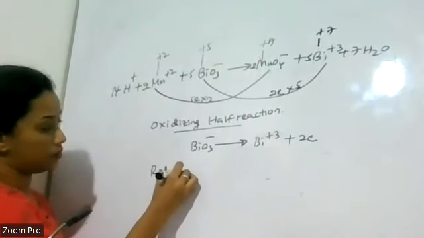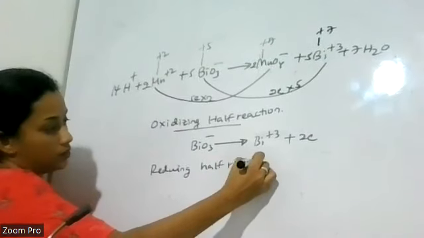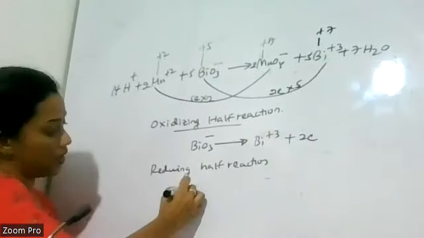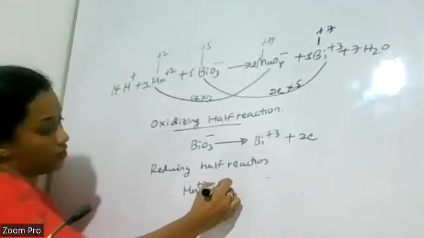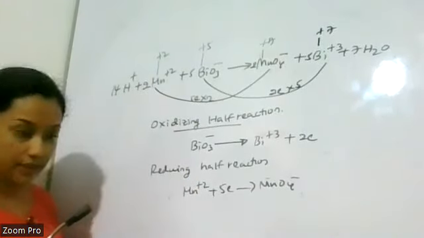The reducing half reaction: Mn2 plus takes 5 electrons and becomes MnO4 minus, like that.